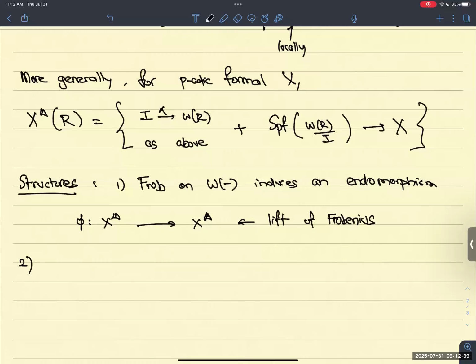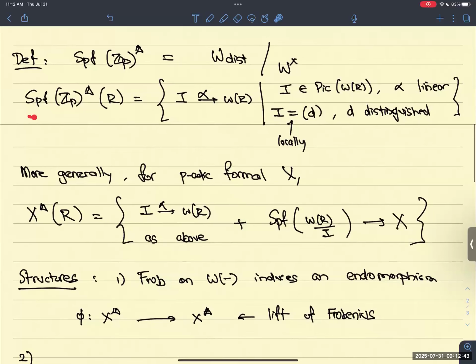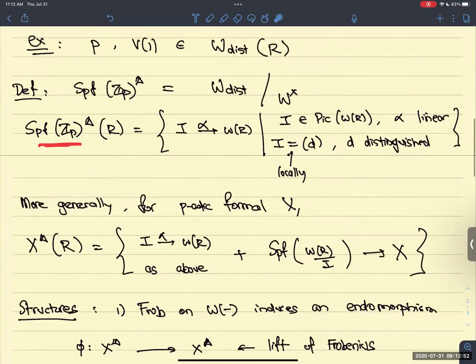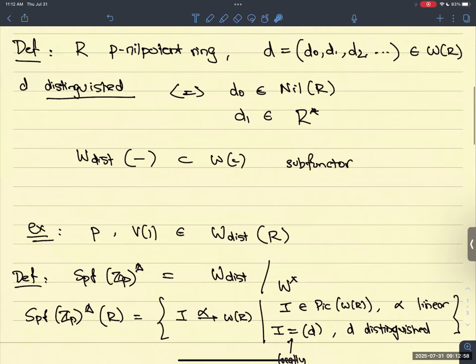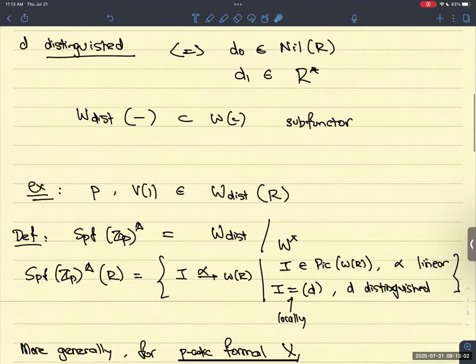Okay. The second property is, so everything, as I said, was living over Spuf Z_p prism of R, because you can just forget this piece of data, and you get a point of Z_p prism of R. Now, Z_p prism of R was this quotient stack, W dist mod W star, and there's a natural substack here you can contemplate, which is you look at those distinguished elements where the zeroth coordinate is actually 0, not just nilpotent.